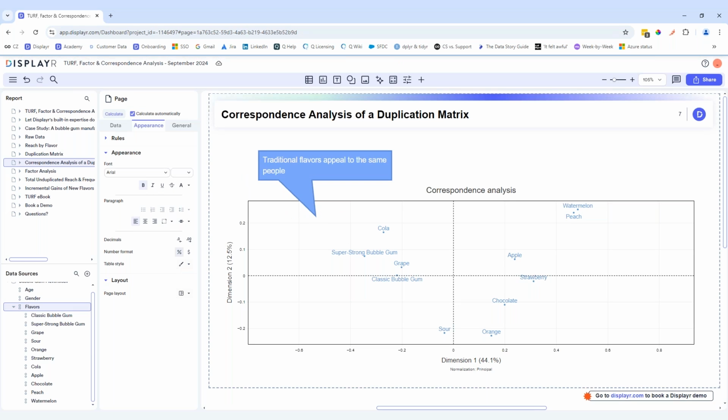There we go. To expand reach, it probably makes sense to add a non-traditional flavor or flavors, since they're the farthest away and therefore have the least duplication. I'll also call out that.